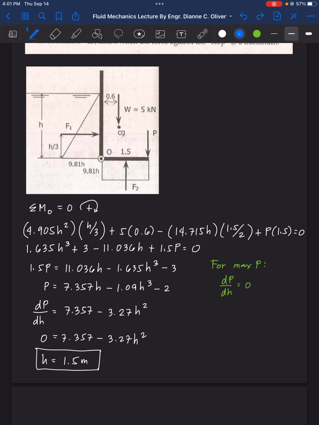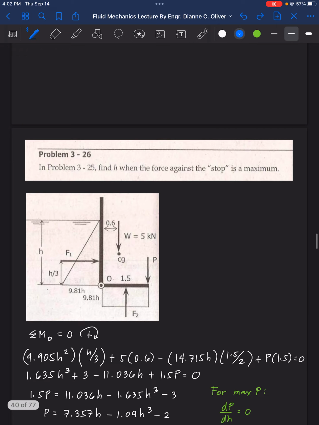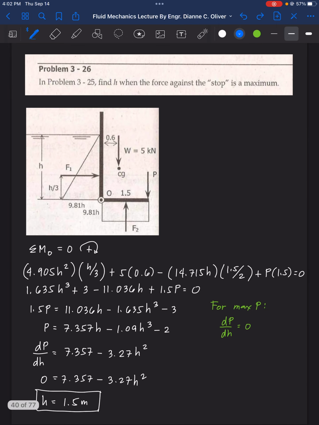So the higher the value of this one, the higher the force pushing it to open, and it also affects the value of F2 here that tends to close the gate. Therefore h equal to 1.5 is the height of the water that will help this force here to be maximum. So that's for problem 3-26. Okay, so this ends this video.